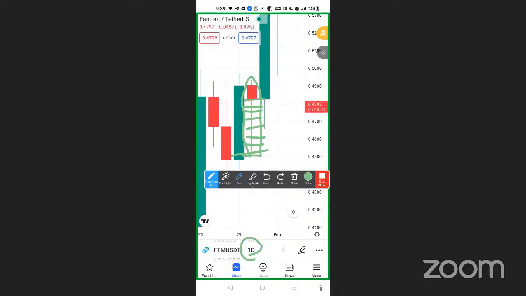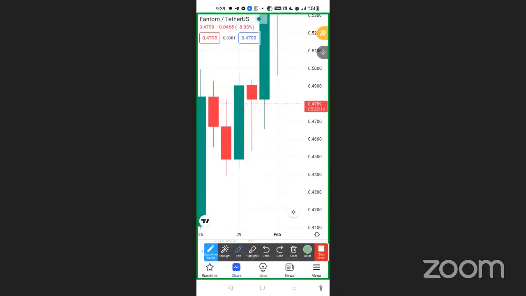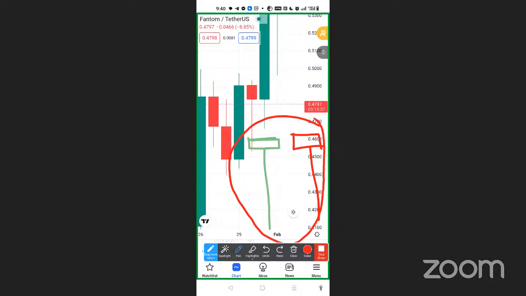Now, what you see down here is caused by the buying pressure. That movement is caused by the buying pressure. So ladies and gentlemen, if you find a candle that has a small body, whether it is green or not doesn't matter, what does this signify according to what we have just looked at?